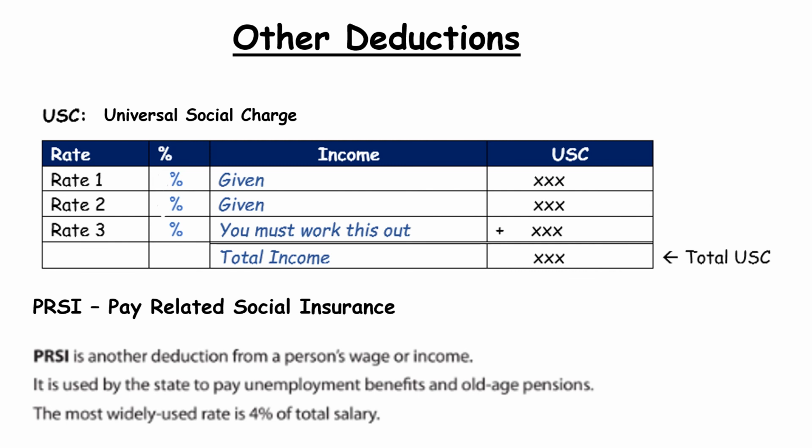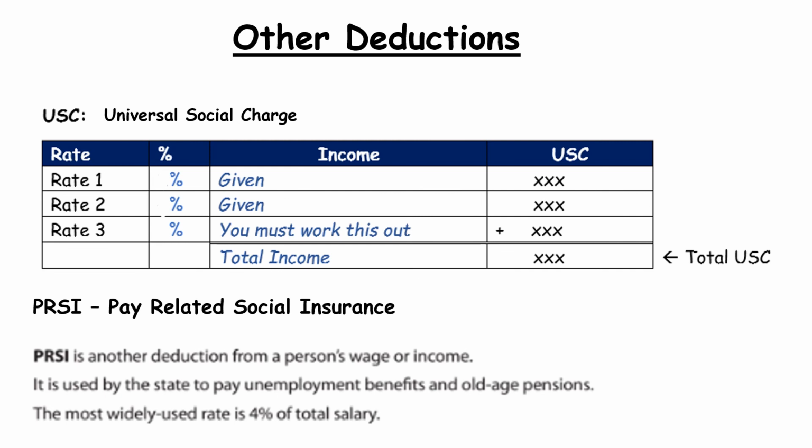So for USC, we are given 3 different rates. We'll see a question where we work with this table, but you'll note that this table is very similar to the one that we use when we have 2 rates of income tax. USC, Universal Social Charge, is like a tax. It's an additional charge that's placed on your income.